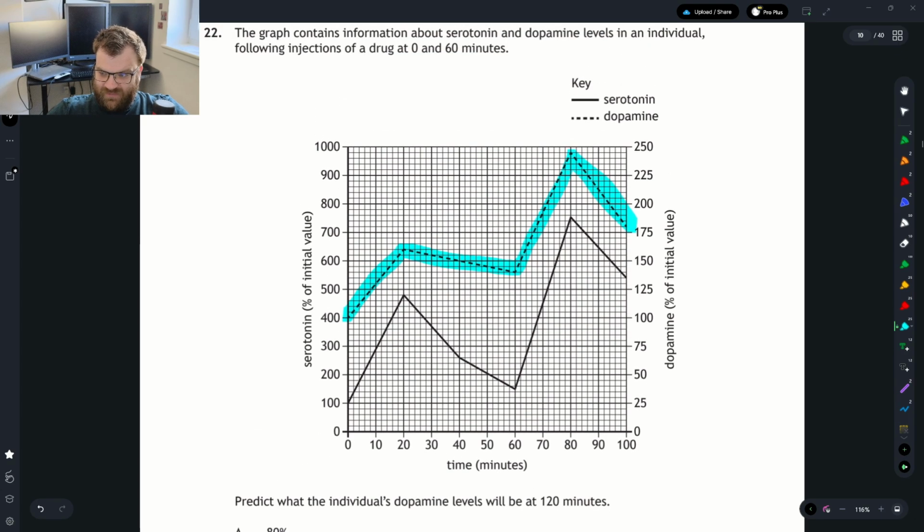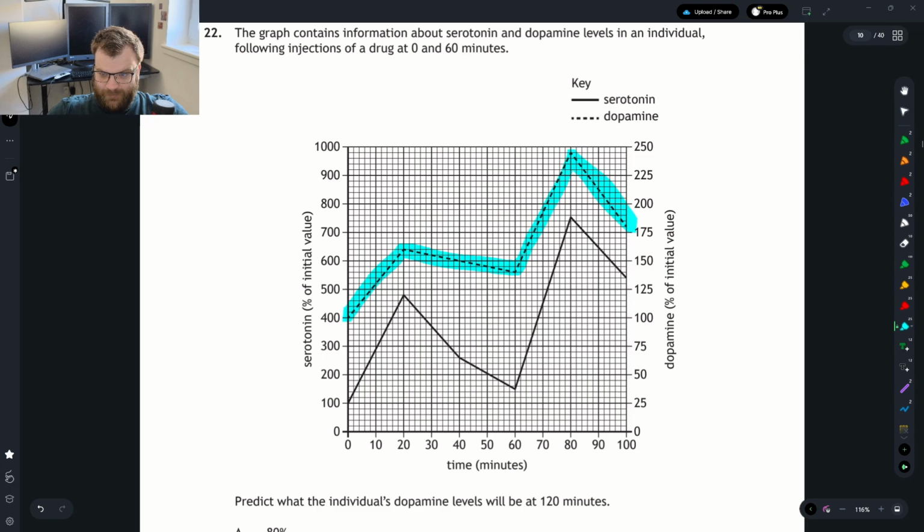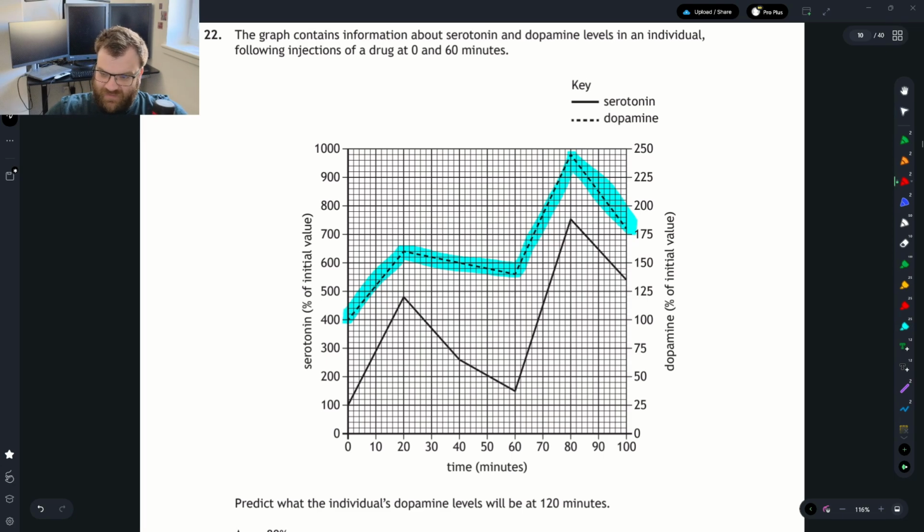Well, it's going down. Now we're asked about 120 minutes. On the right hand side, we must be jumping up in 5s, 5, 10, 15, 20, 25. That means at 80 minutes, we're at 245. Then after 100 minutes, we're at 180.